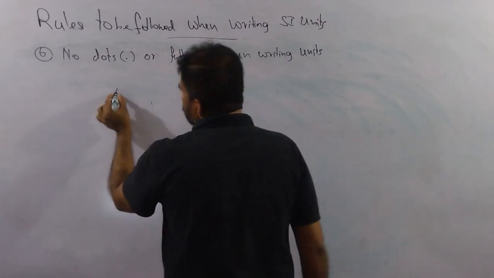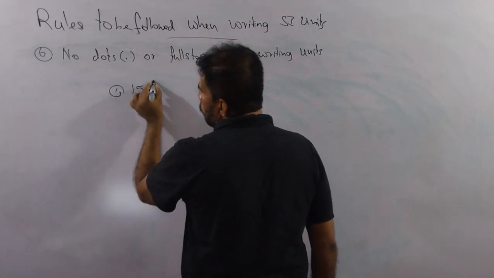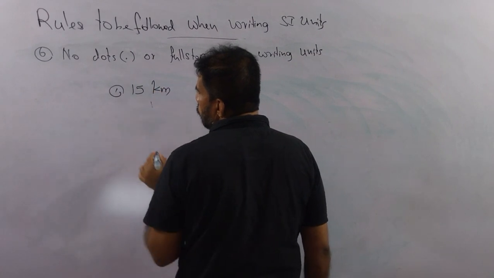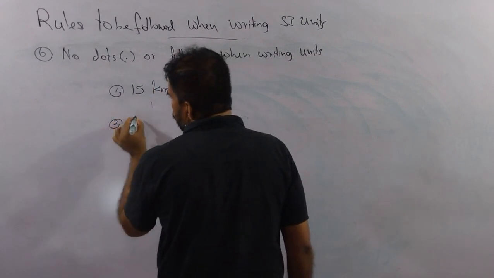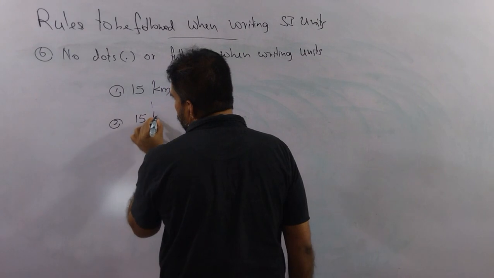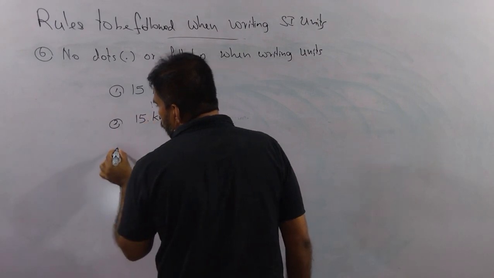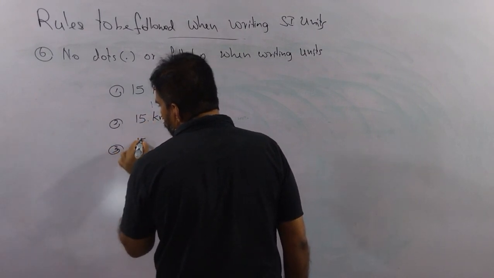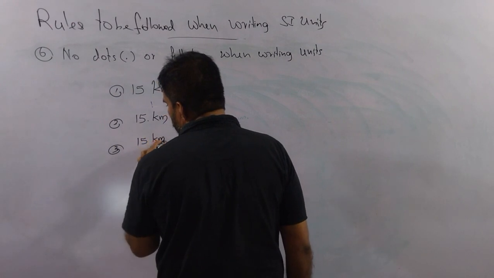Like this, 15 kilometer, this is correct, and this is 15 dot kilometer, this is wrong, or 15 kilometer dot, this is also wrong.